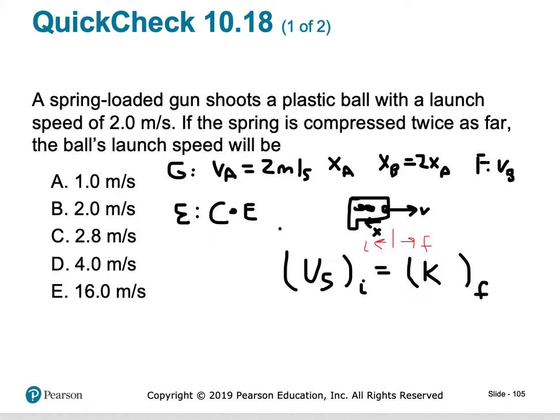So let's take a look at case A. We have 1/2 kx squared initially. K is just a spring constant. You look it up in a table. So this is A. It's compressed XA squared. And once we release it, we get a speed of 1/2 m, mass of the ball, and our V squared, our V is 2 meters per second.